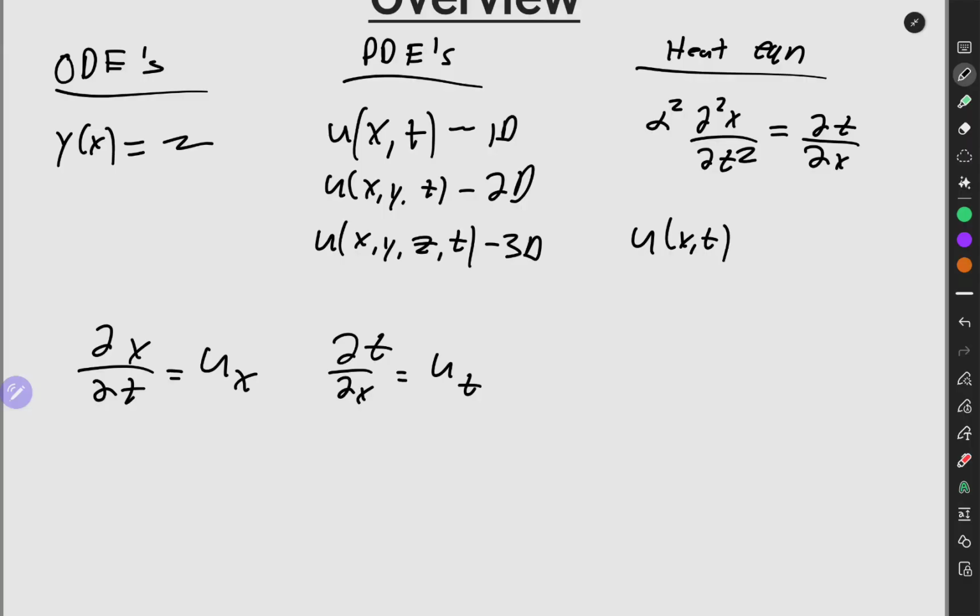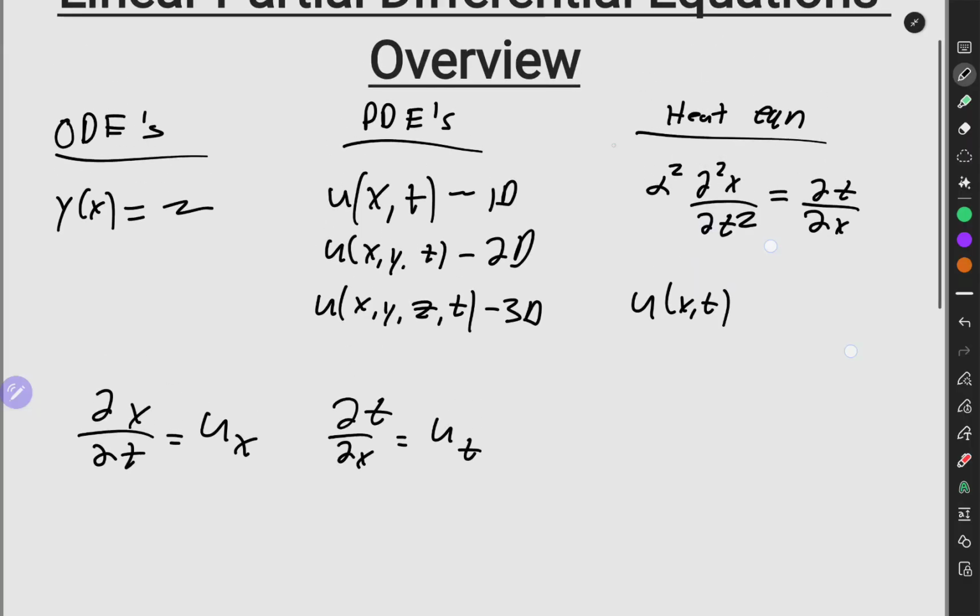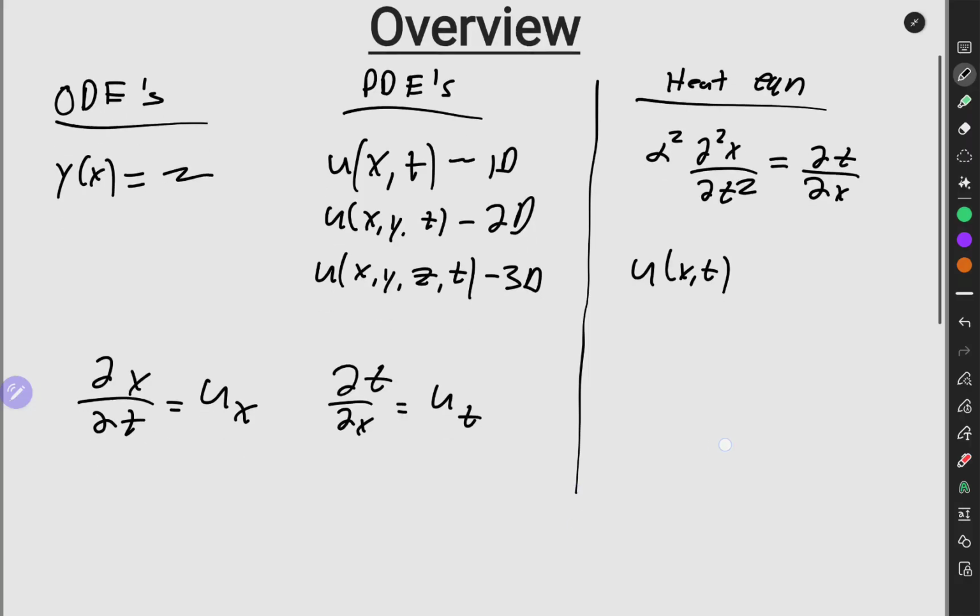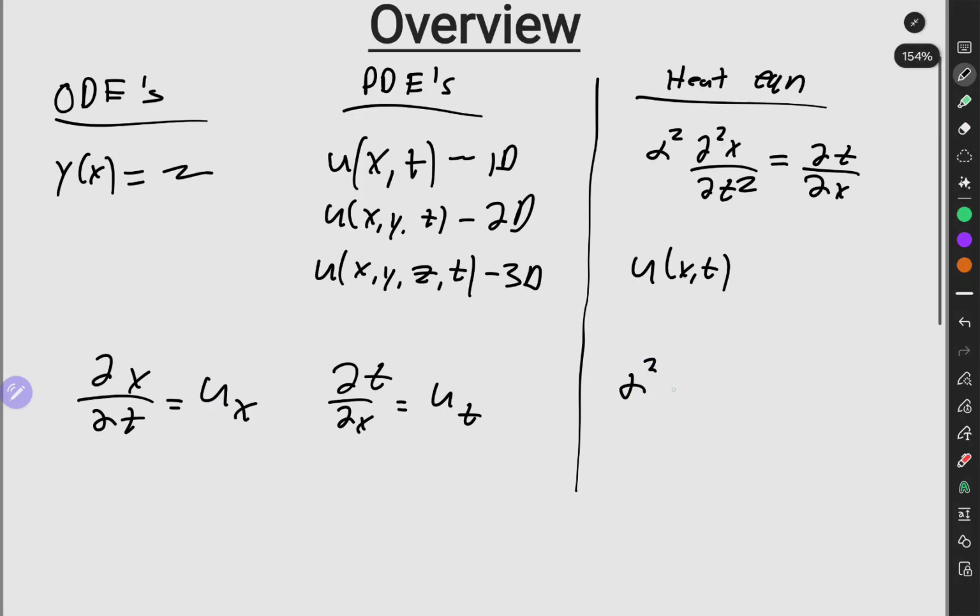And that's just a different notation that makes writing equations a lot easier. So if we were to rewrite the heat equation using this notation, it would look like this: u sub xx is equal to u sub t, right?